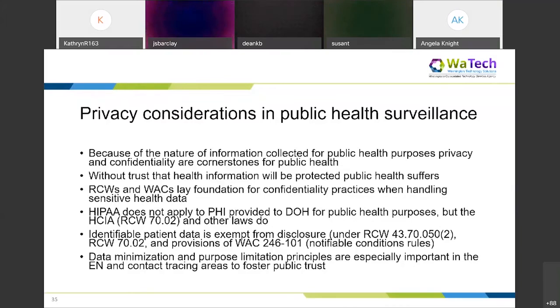And then another important consideration, when I say EN, I'm talking about the exposure notification apps, is data minimization and the limitation of purpose, so the information is only collected and used for the purposes it's intended, in order to help foster that public trust.